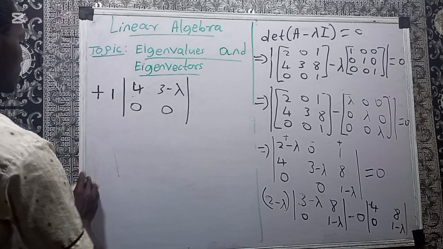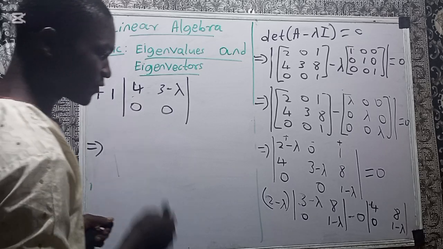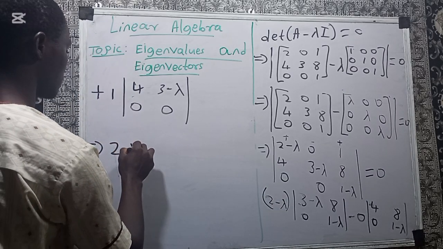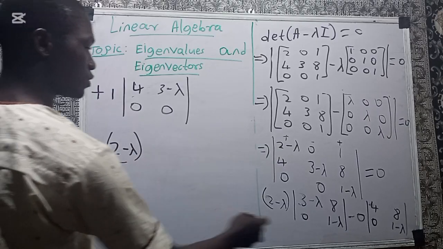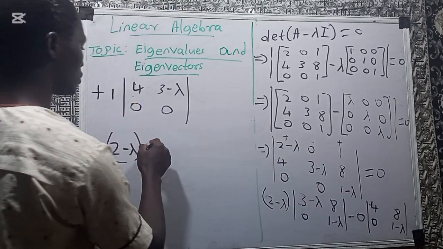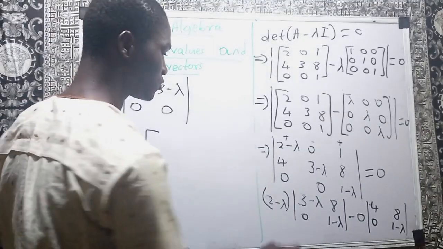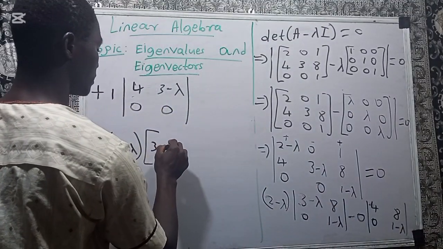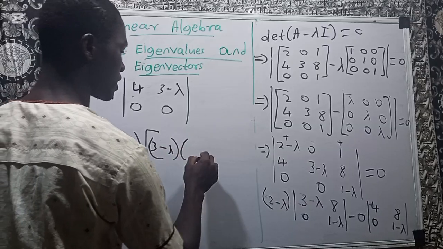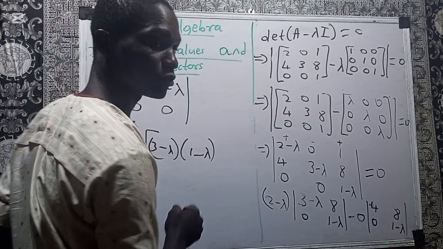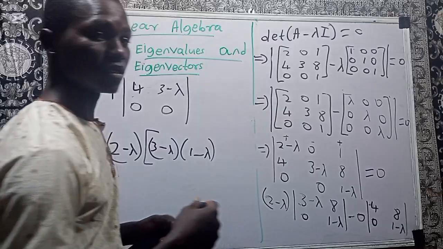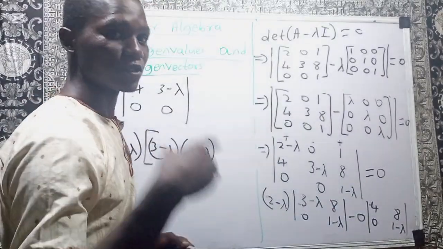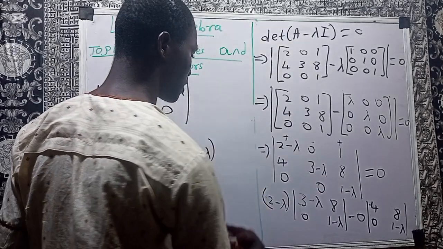This implies we can evaluate, right? You start from the first thing we wrote there, 2 minus lambda times the determinant. How do we evaluate this 2 by 2 matrix? You multiply the entries of the principal diagonal, 3 minus lambda multiplying 1 minus lambda, then you subtract the product of the other diagonal.